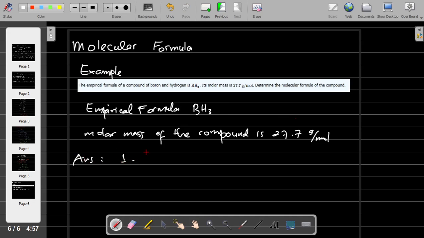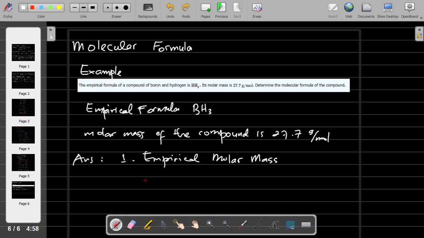First, we have to find the empirical molar mass. How do we find it?